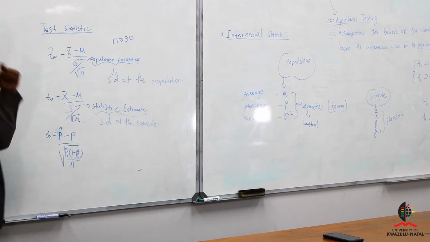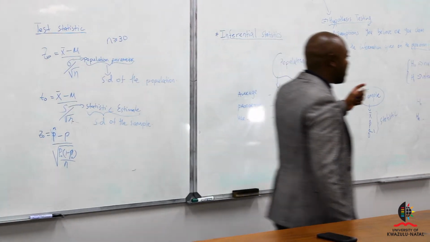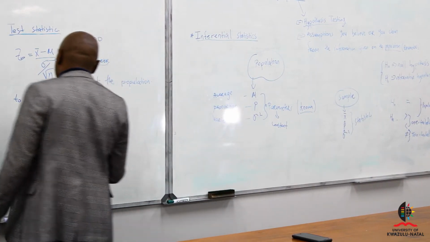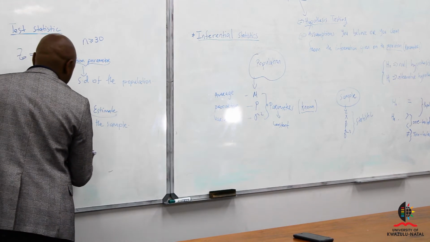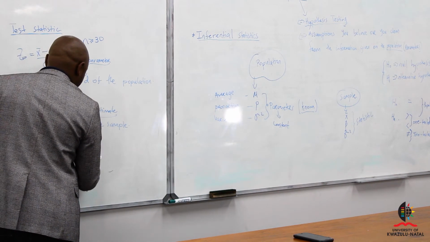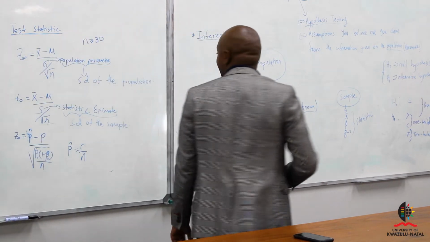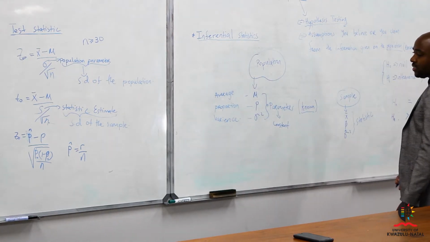Again, this is the standard error. This is the test statistic if your hypothesis test is based on proportions. What is P hat? In most cases, you'll calculate your P hat as R divided by N. All this information you'll be given in your statement of hypothesis test.